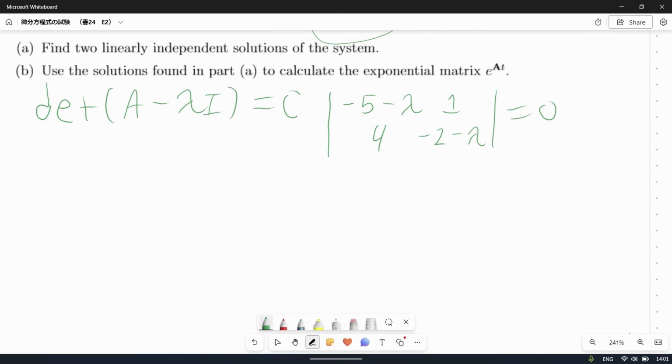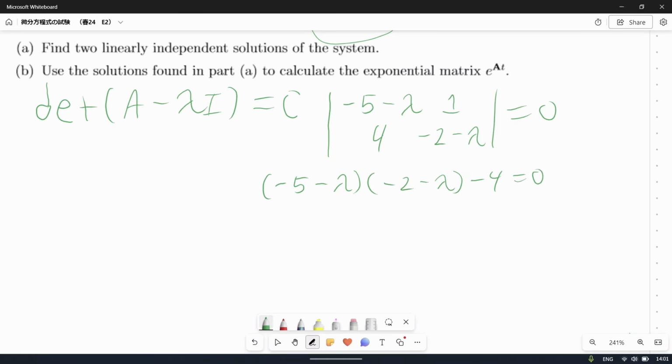And then to find the determinant of a 2 by 2 matrix, it's just top left times bottom right minus bottom left times top right. So that ends up looking like negative 5 minus lambda times negative 2 minus lambda minus 4 equals 0.